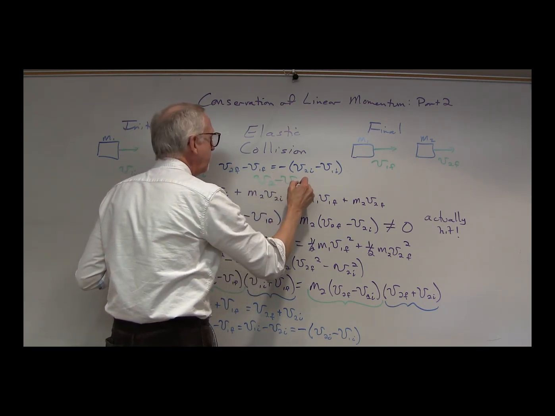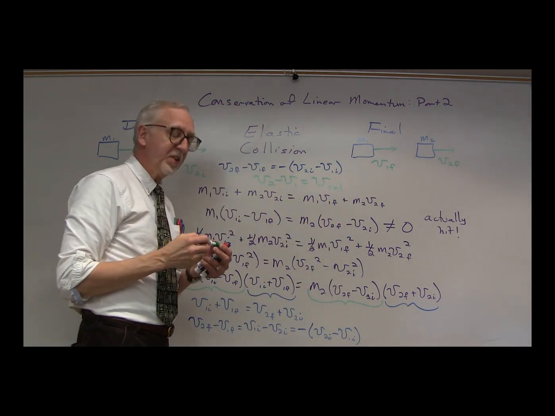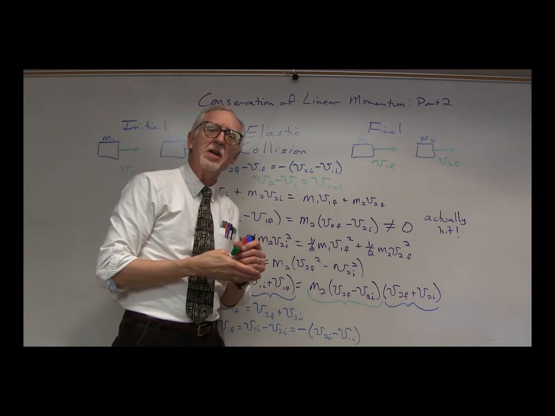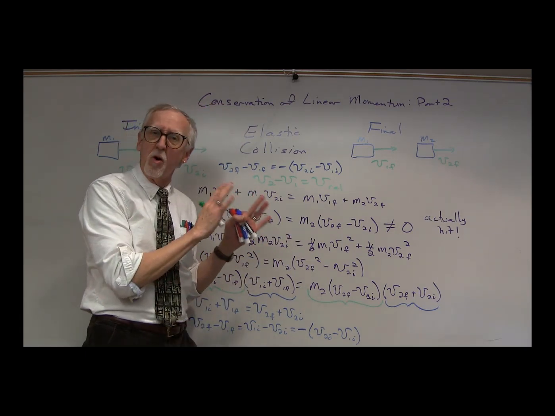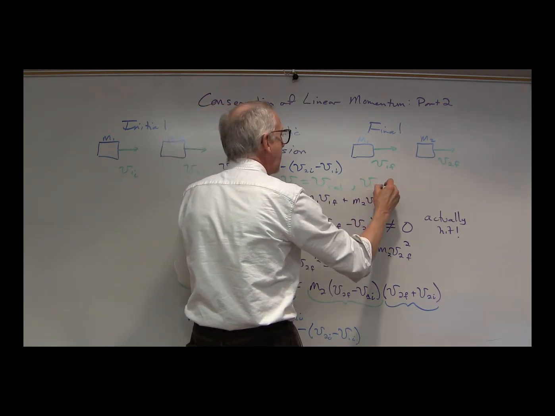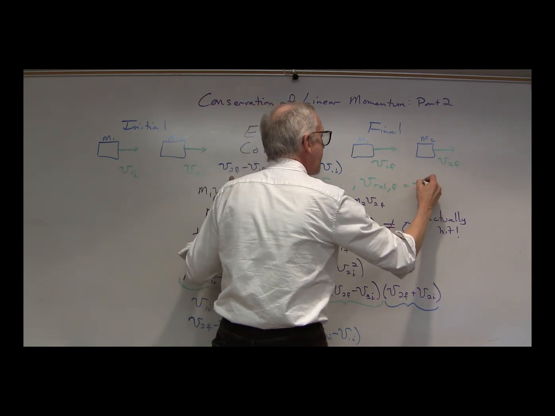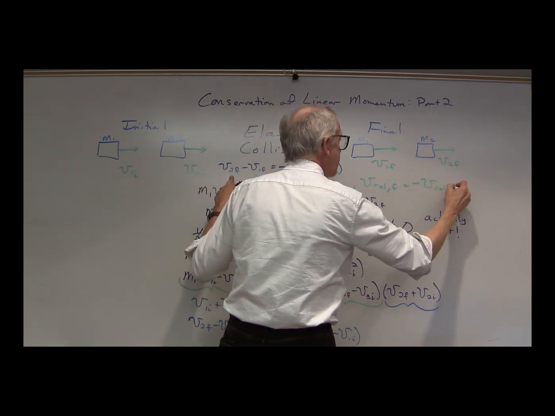V2 minus V1 is called VREL, the relative velocity. When we stick some numbers in here, we'll calculate that and we'll see more physically what this means. And what this is telling us then is that VREL finally is equal to negative VREL initially.